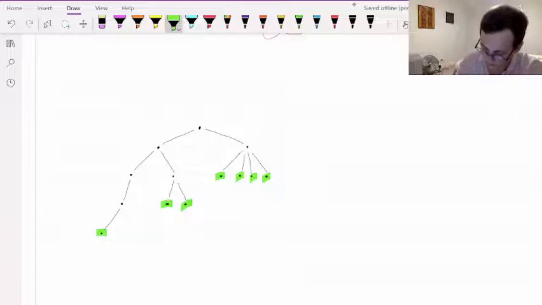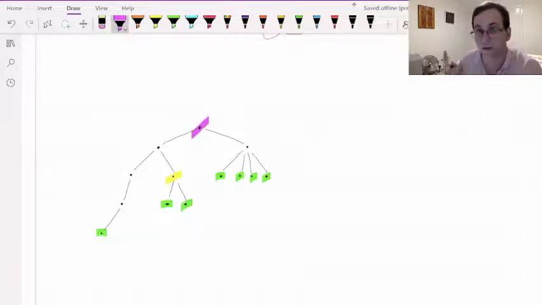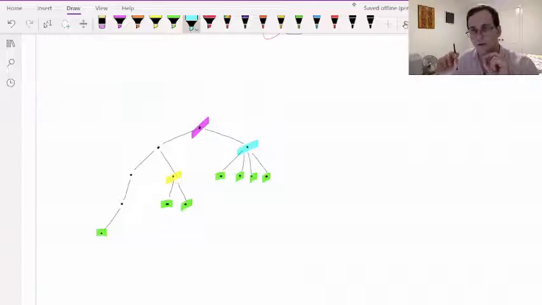Okay? Ask yourself now, what is the degree of the yellow vertex? 3. What is the degree of the pink vertex? 2. What is the degree of the blue vertex? 5. Very simple.